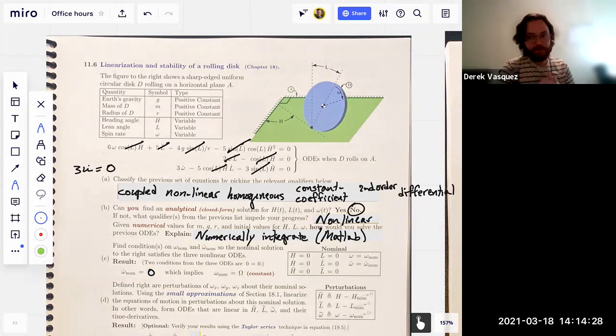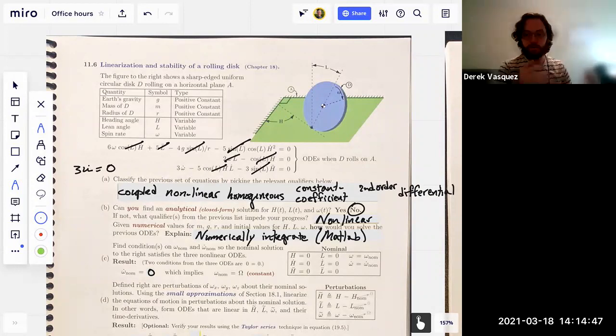You can't do numerical integration with variables, like if mg and r are left as variables. If you have an analytical solution, then you could find the solution in terms of mg and r, but you can't do that with numerical integration.